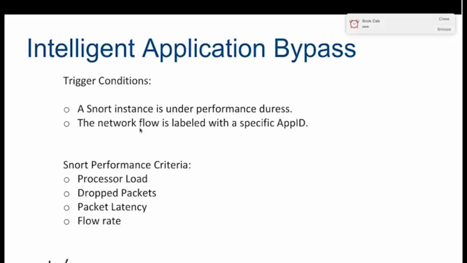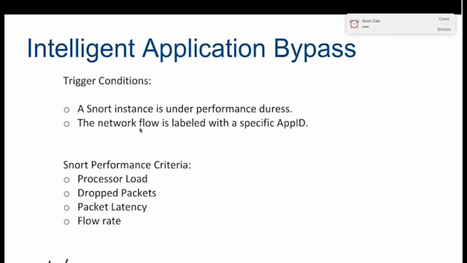Suppose I know which applications in my network are running, and I want to allow those applications to bypass in case of performance issues. Let's say there's an attack and other traffic is also going through the network.